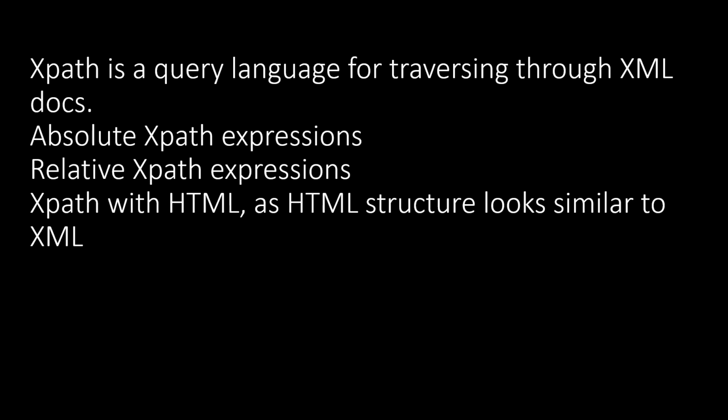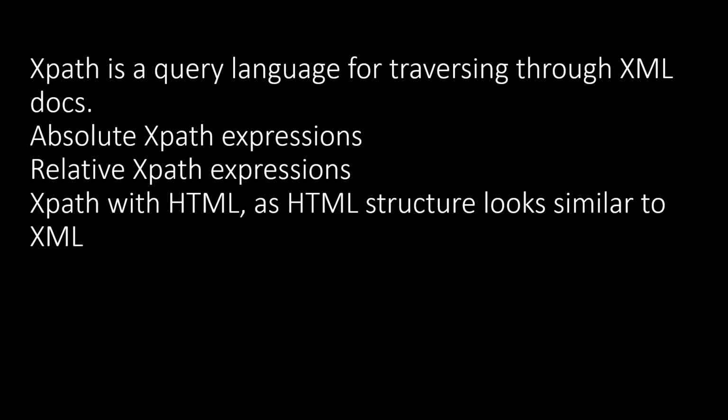In an XML file we have all these nodes and child tags, and by using them we get the values for those particular tags. That is the reason we use XPath, a query language for traversing through XML documents.